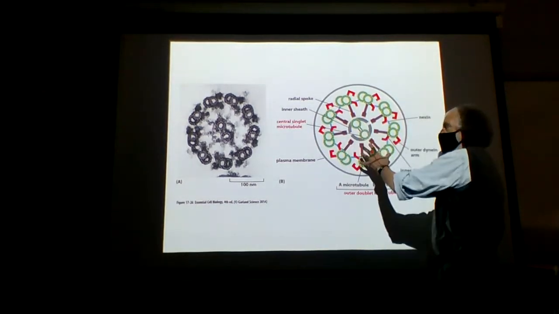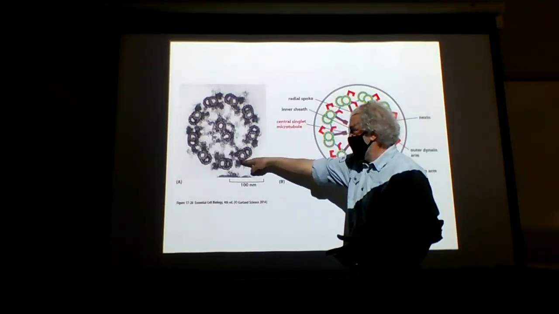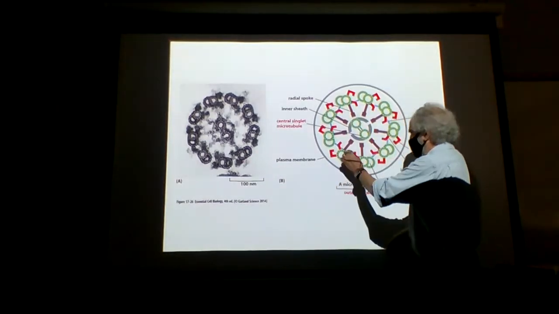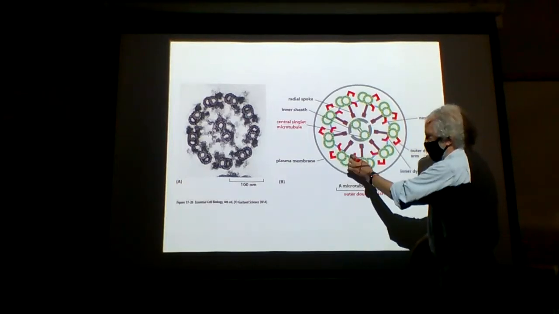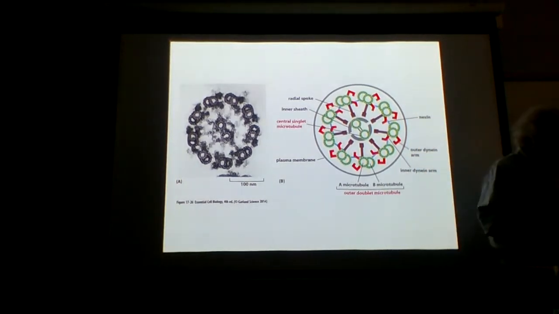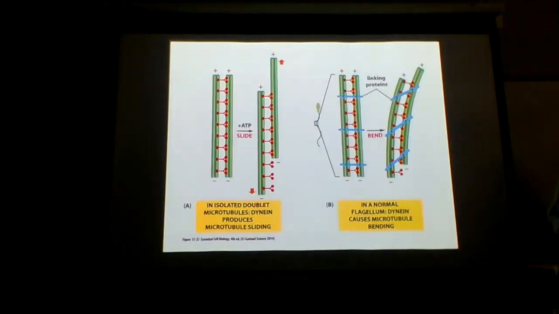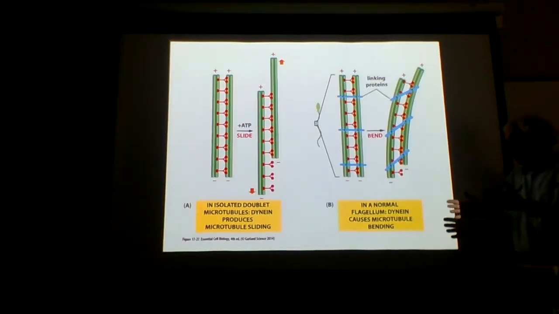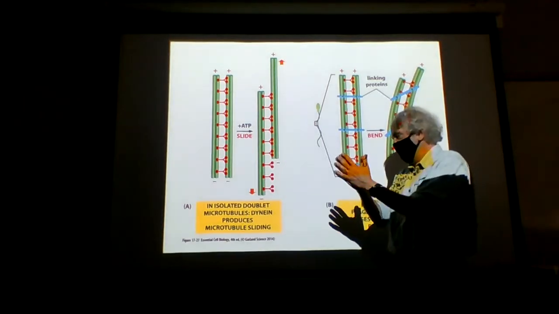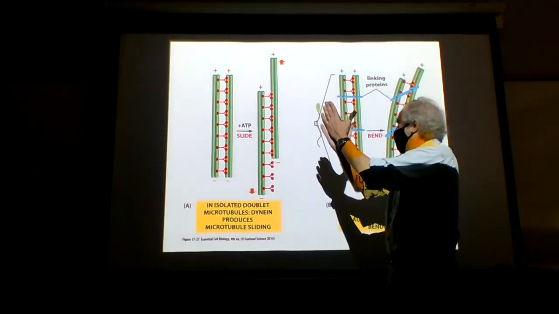You see a whole set of microtubules, and this is actually where the microtubules, rather than forming a single tube, form this kind of a tube with a little comma around it. And they then have a whole set of dynein motor proteins around them. One of the ways this was determined is if you take microtubules and isolate them, you have this sliding back and forth.